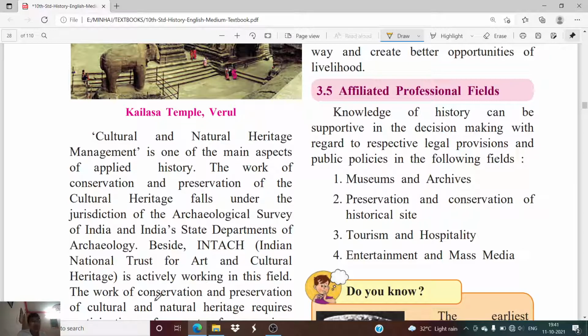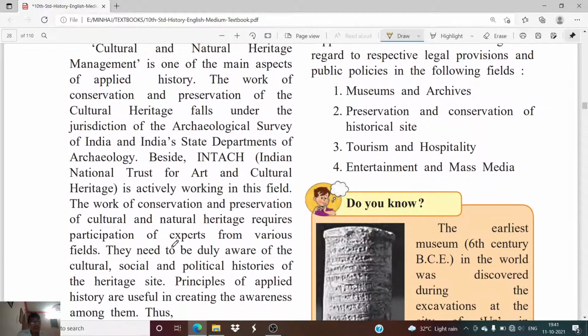The work of conservation and preservation of cultural and natural heritage requires participation of experts from various fields. Definitely, we need experts. Okay, we need historians, we need archaeologists who are very much experienced people, so that they can give 100% in conservation and preservation of all these cultural and natural heritage sites.